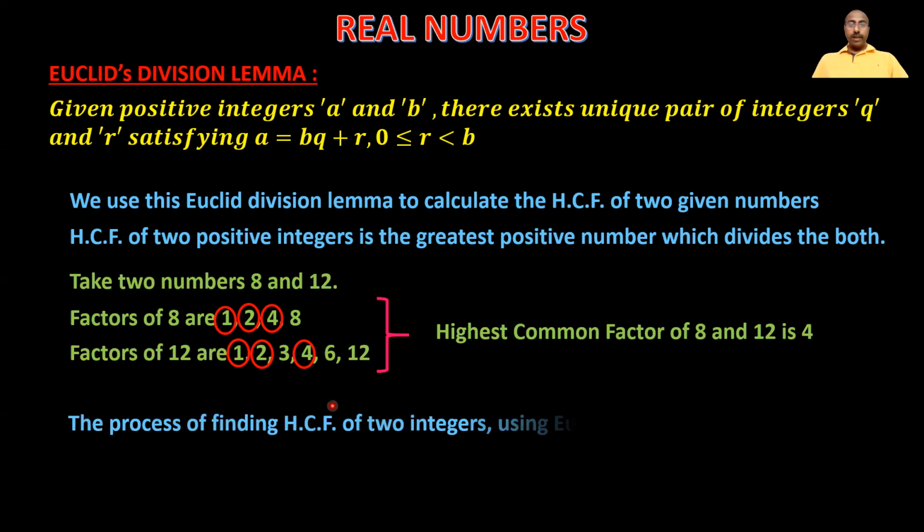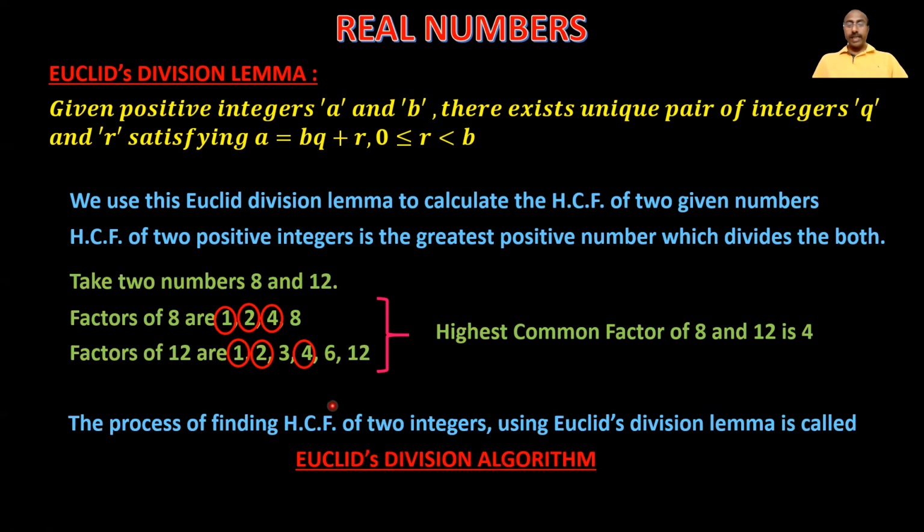So the process of finding HCF of two integers using Euclid's division lemma is called Euclid's division algorithm. Now we have found the highest common factor using the factors method. This is called the factors method. And now we are going to find the HCF of two numbers using Euclid's division algorithm. Okay.